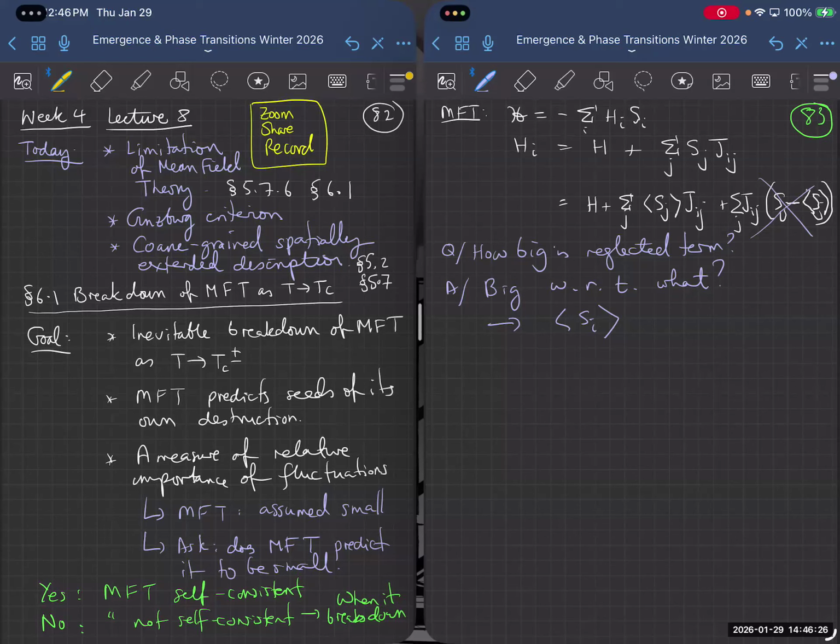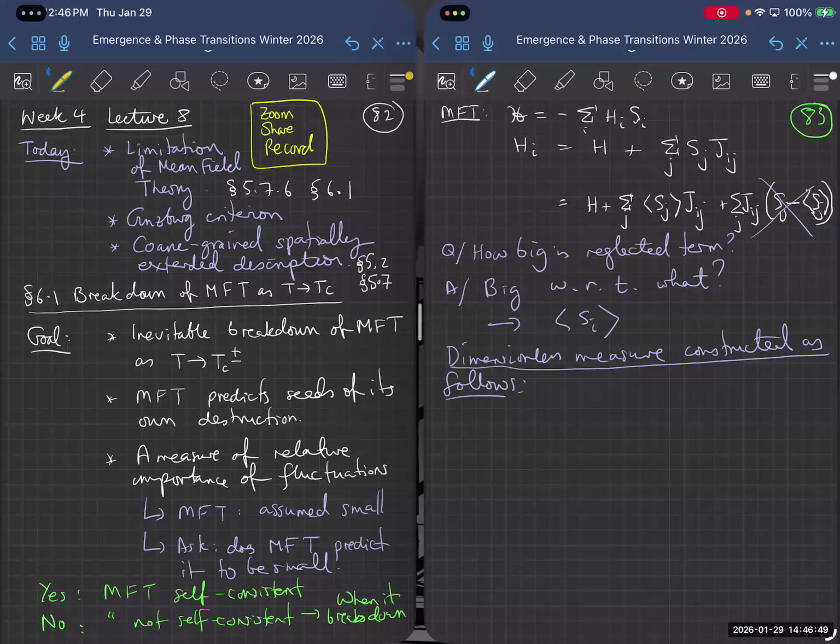So then we can make a dimensionless measure of this error. So let me tell you what it is, and then tell you what the motivation is. Here is a form for this dimensionless measure. I'm going to rewrite this in a slightly different way later on, but let me just give you the basic idea.